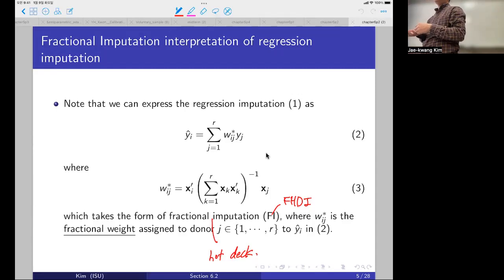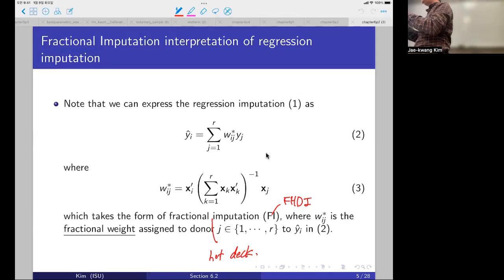And there's actually another version, the cold deck. Cold deck means going back to the old census, ten years before, because the census occurs every ten years. You go back to the record from ten years before, pick up the corresponding household, and then replace. That is called the cold deck.